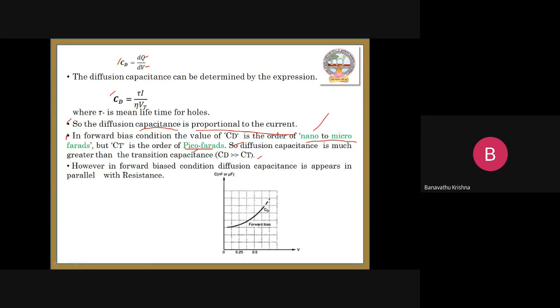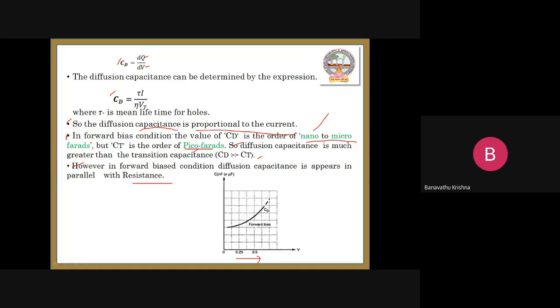However, in forward bias condition, the diffusion capacitance appears in parallel with the resistance. Let us see this graphically. In forward bias condition we take current on the y-axis and voltage on the x-axis. By increasing the forward bias voltage, the current is also increasing, and likewise the capacitance is increasing.